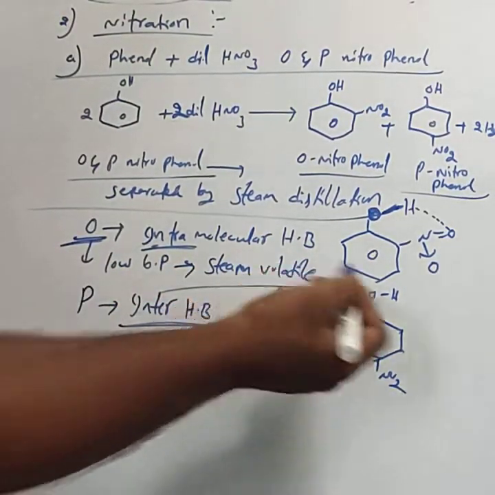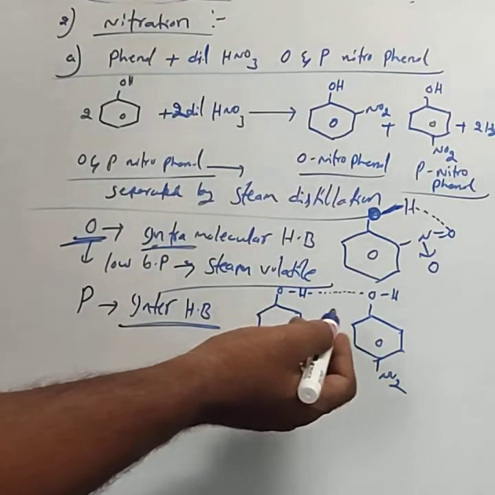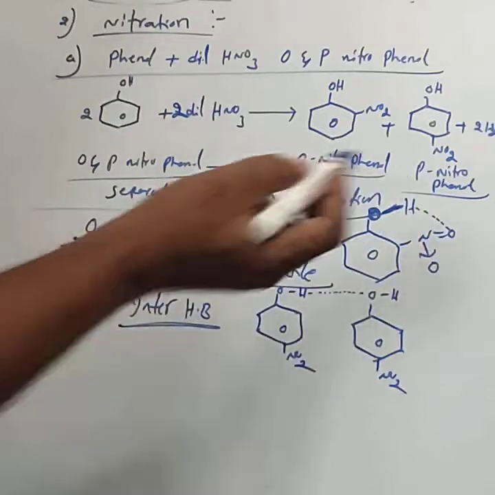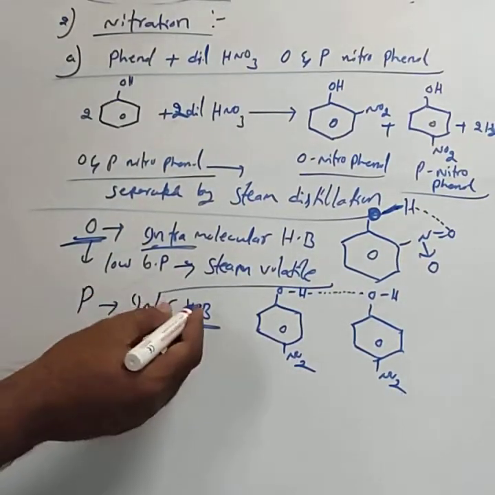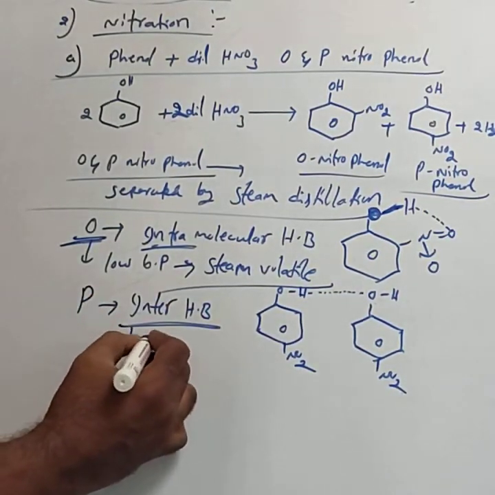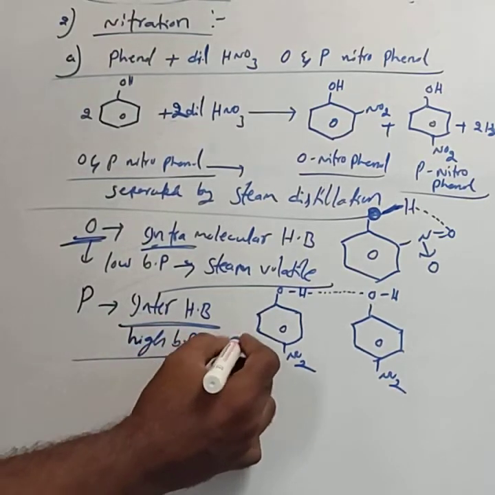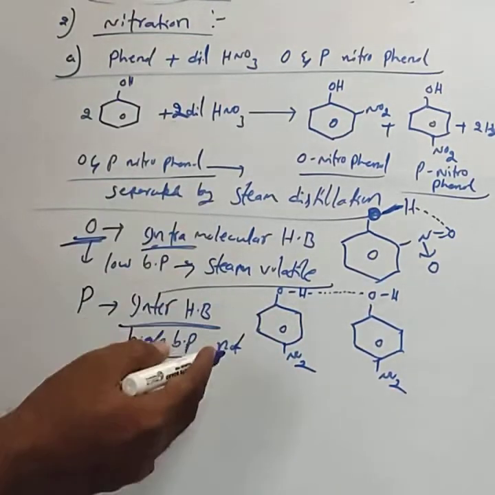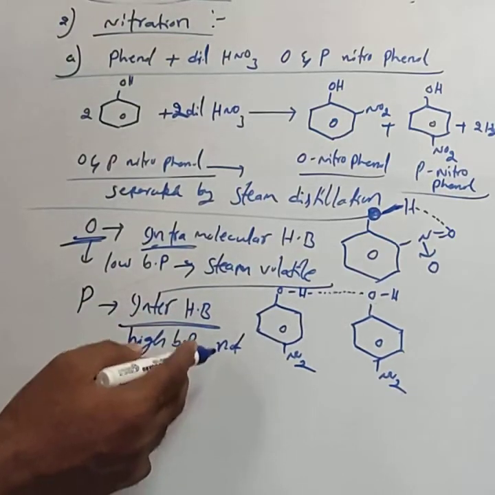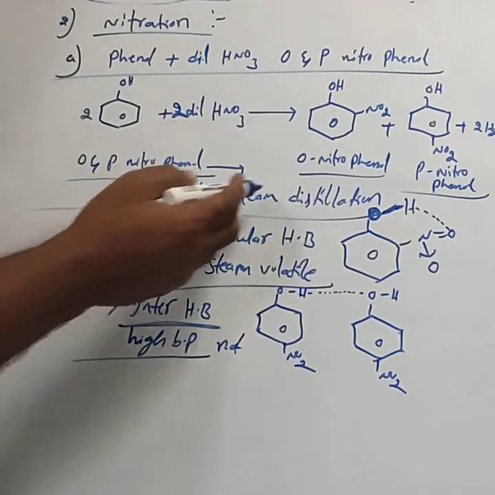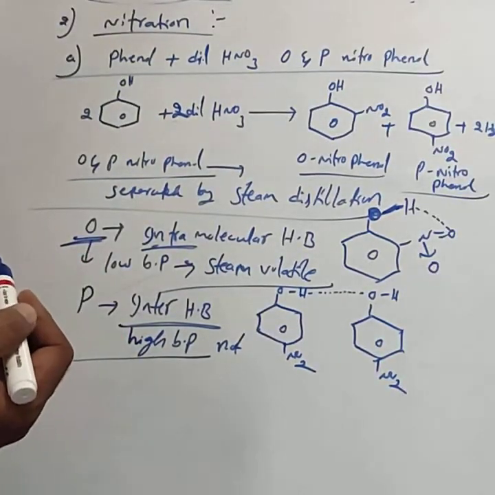Inter means between two molecules, hydrogen bonding arises. This is called inter, this one is called intra. Due to intermolecular hydrogen bonding, it has a high boiling point and is not steam volatile. That one is not steam volatile. Hence, ortho and para-nitrophenols can be separated by steam distillation process.